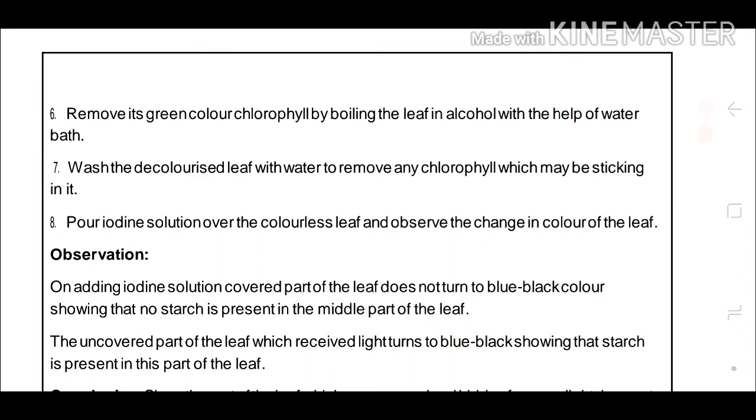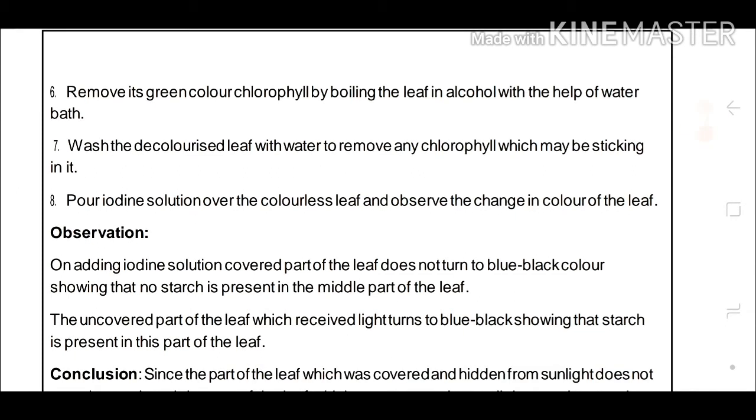Remove the green color chlorophyll by boiling the leaf in alcohol with the help of a water bath. Wash the decolorized leaf with water to remove any chlorophyll which may be sticking to it. Pour iodine solution over the colorless leaf and observe the change in the color of the leaf.